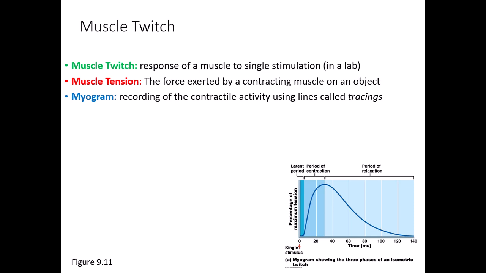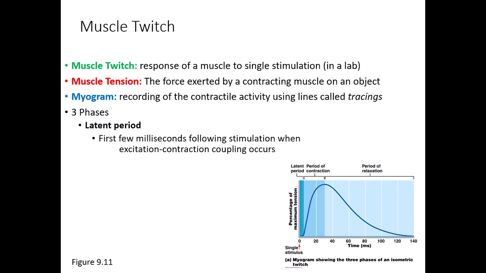So a myogram basically has 3 phases. So there are 3 parts to a myogram that we can identify. What's called the latent period, and this is the first few milliseconds because typically time is going to be measured, the duration of the muscle twitch is measured along the x-axis, as you can see on the myogram, and it's typically measured in milliseconds.